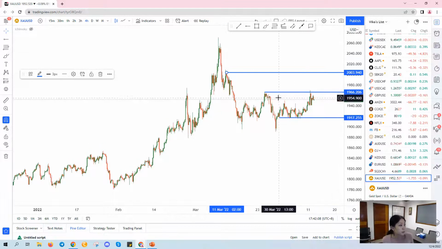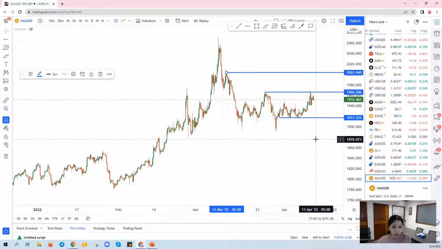I'll place my first resistance level here, the second resistance level over here, and my first support level will be here. So my entry point will be around here because, as you can see, from the previous day the price already rose up to this first resistance level. So we can play a reversal down for a bit.